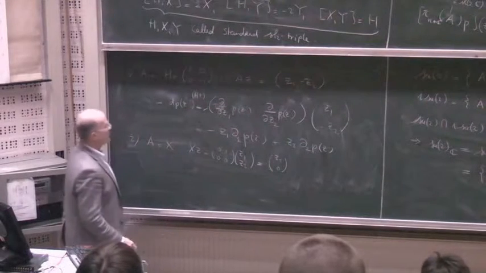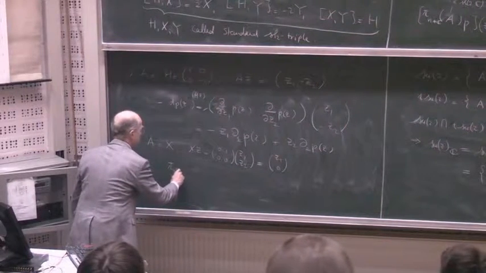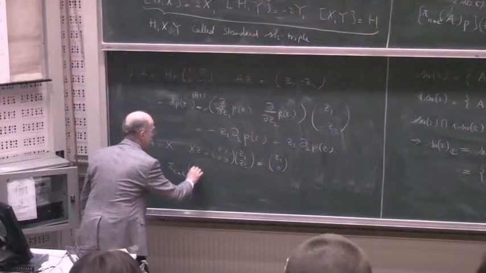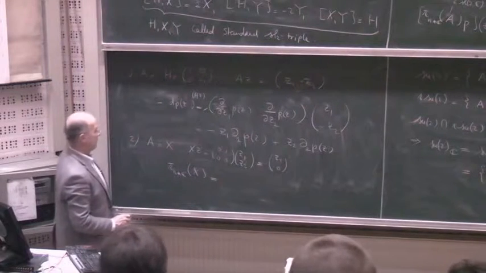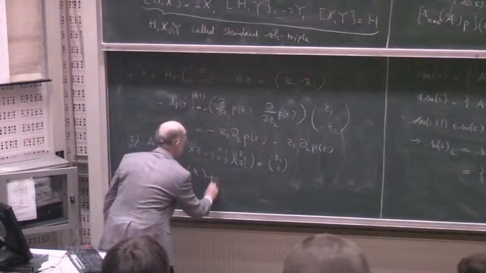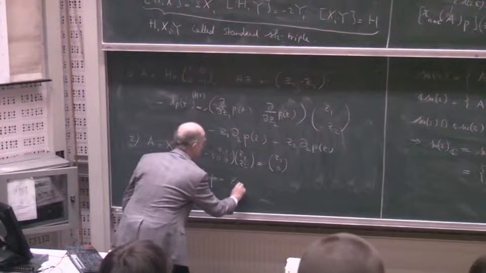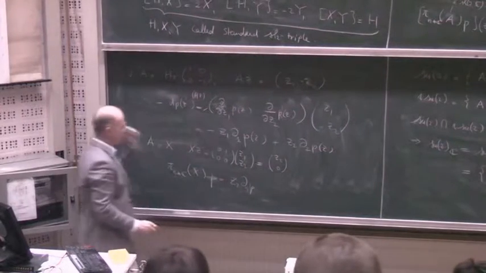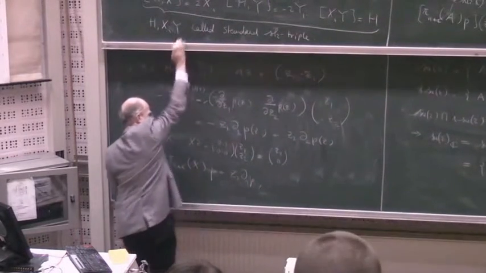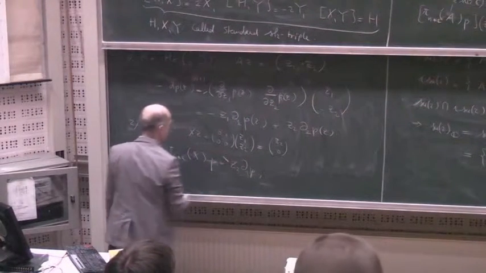And so if we now apply the derivative of p to this, we get that pi_n star C of X is given by z2 times D1 applied to p, that is, z2 times D1 of p. Well, I forgot the minus sign, I guess. We have a minus sign here.